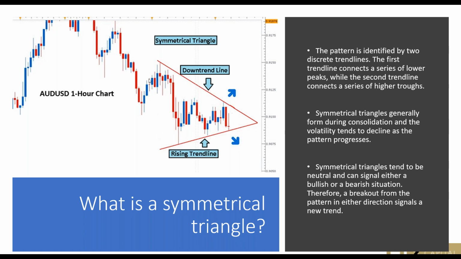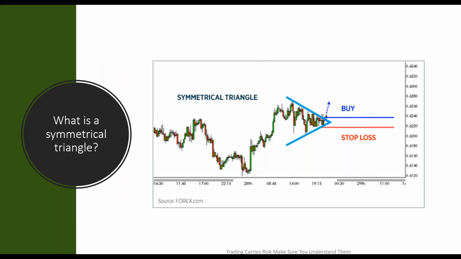Why? You have wider volatility to form the back of the triangle. And as price gets tighter and tighter in the move, it is having less volatility because it's moving less and less. Symmetrical triangles tend to be neutral and can signal either a bullish or a bearish situation. Therefore, a breakout from the pattern in either direction would probably signal a new trend.